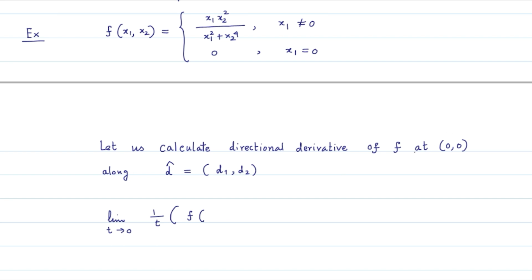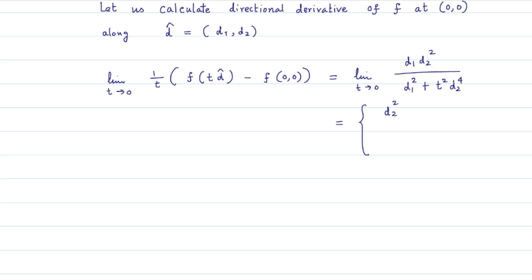Here the point c is the origin, so this is nothing but f of t d hat minus f at the origin, which is the limit as t tends to 0 of d1 d2 square divided by d1 square plus t square d2 to the power 4, which in turn gives us d2 square by d1 when d1 is not 0, and 0 when d1 is equal to 0.